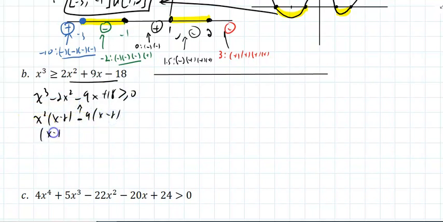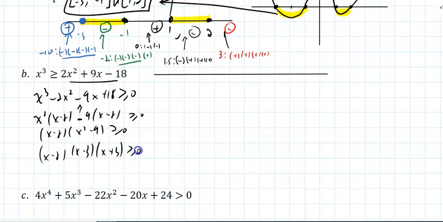So this will be x minus 2 times x squared minus 9. So x minus 2, x minus 3, and x plus 3 is bigger than or equal to 0. Alright, well, I'm trying to figure out where x minus 2 times x minus 3 times x plus 3 is bigger than or equal to 0.